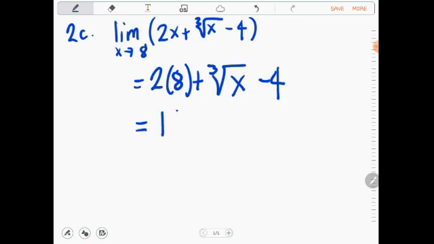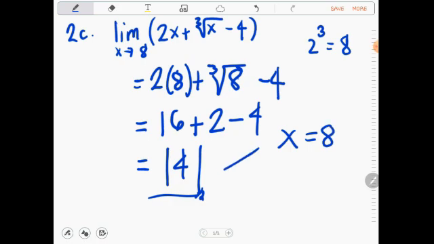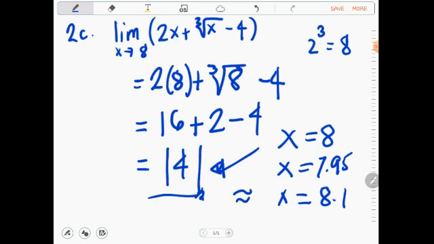And simply this will give us 16 plus ito ay 8, cube root of 8 or 2 raised to cube is equals to 8, di ba? So meaning yung cube root of 8 is equals to 2 minus 4. 16 plus 2 is 18 minus 4 is equals to 14. If you try the value of x is equals to 8, ito yung lalabas. And then if you try naman yung value of x is 7.95 or say yung x mo ay 8.1, malapit pa rin dito yung lalabas na value, malapit sa 14.